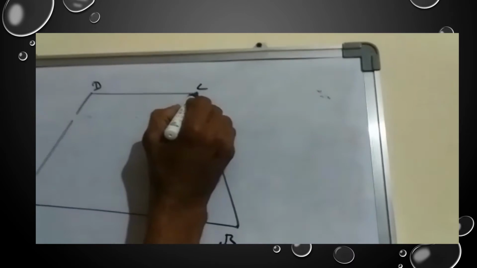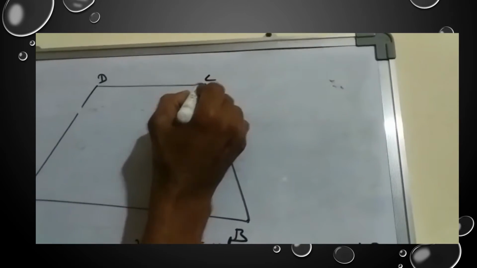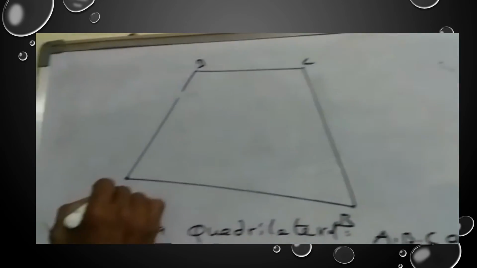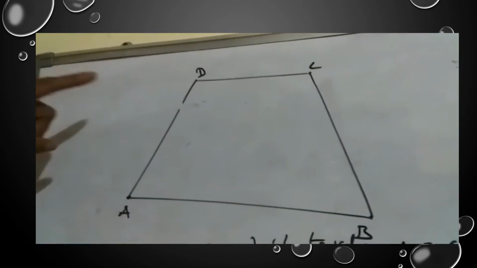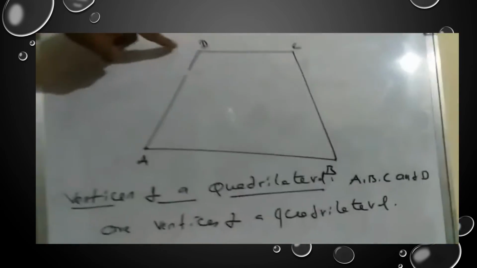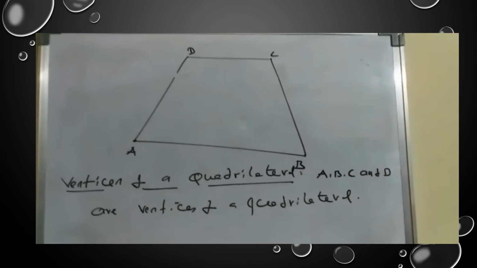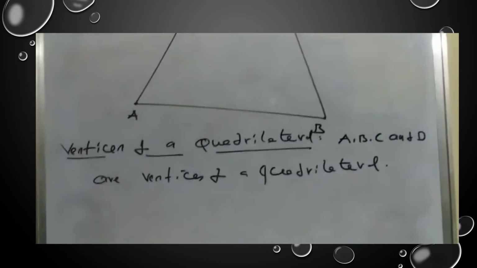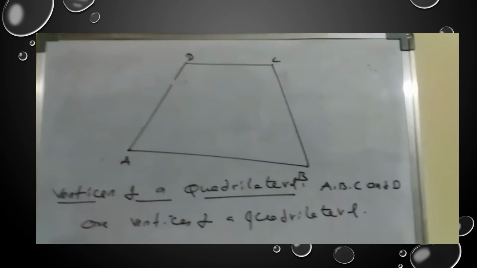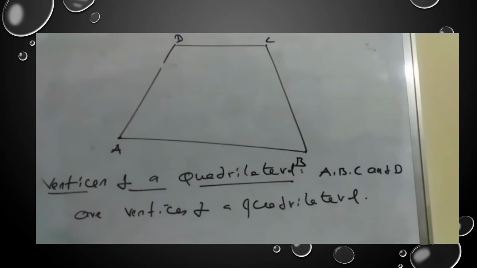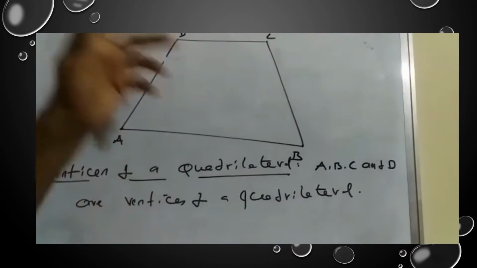Here CD and BC meet at a point, then vertex C is formed. Here AD and CD meet at a point D, then vertex D is formed. Like that, where two line segments meet at a point, a vertex is formed. Vertex is the singular, vertices is the plural.